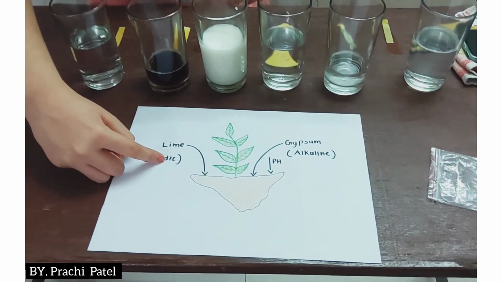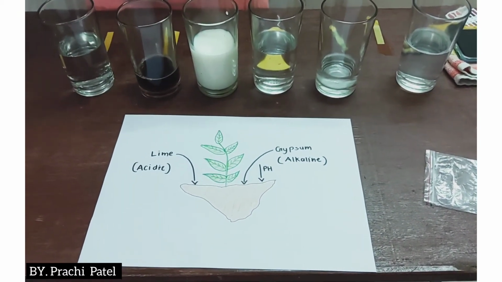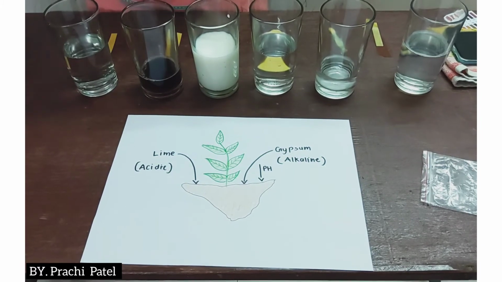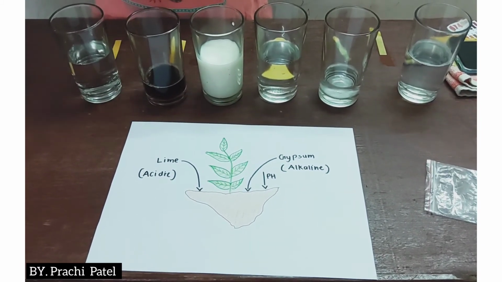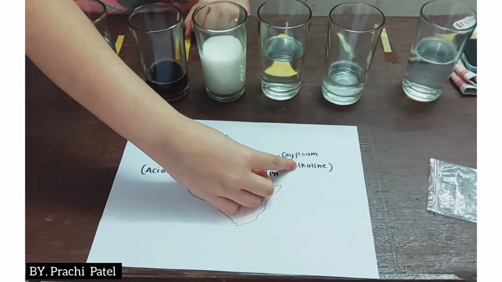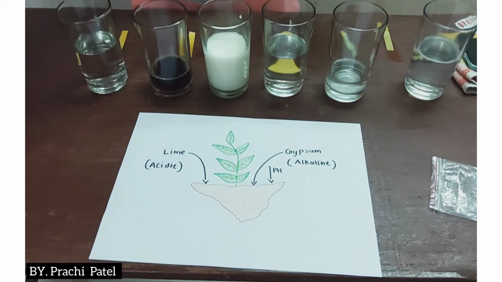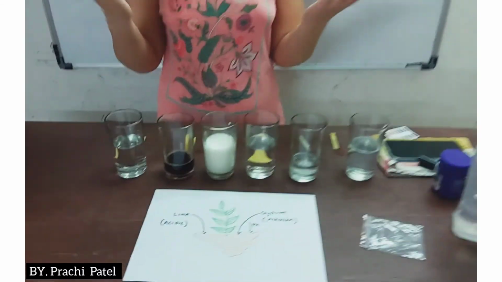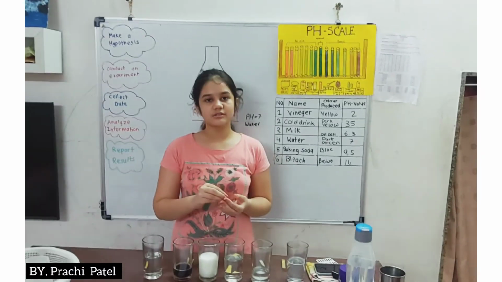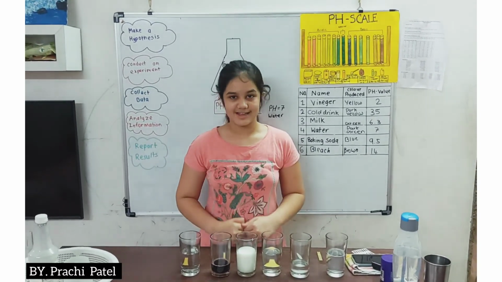Now, if the soil is too acidic, we use gypsum to add it to reach a perfect scale. When it is too alkaline, meaning too basic, we use lime to balance it. So there are two forms to balance it, and we use soil fertilizer to balance it like that. So that's why soil fertilizer is made.